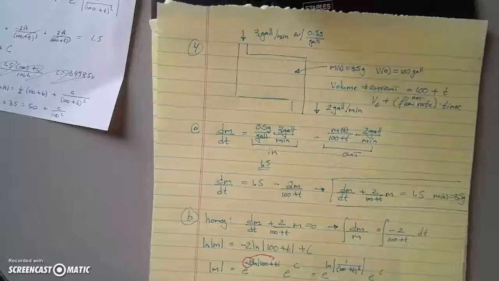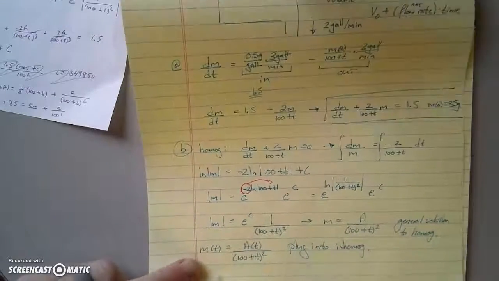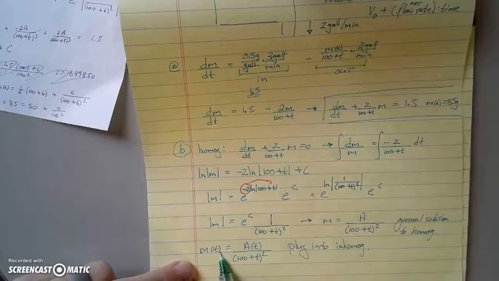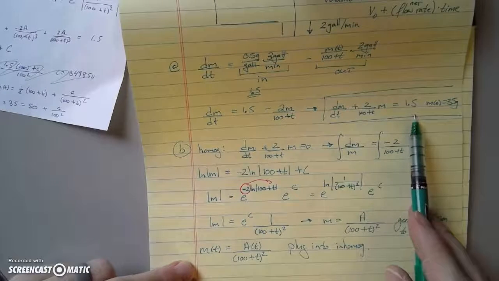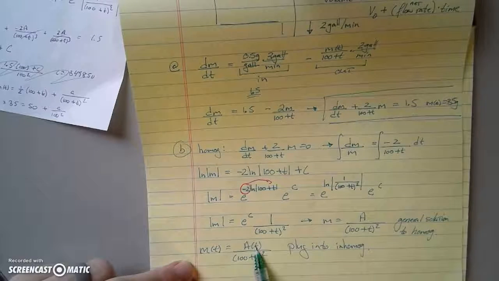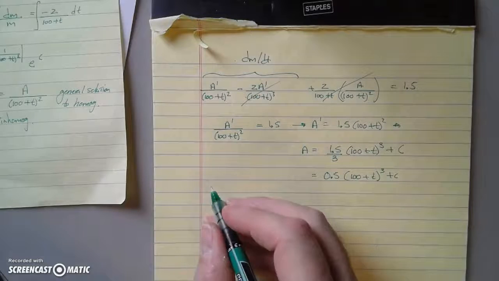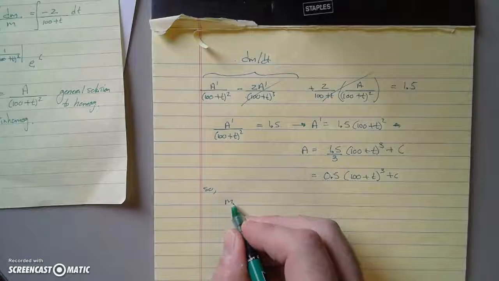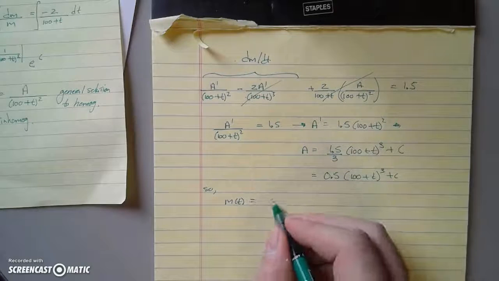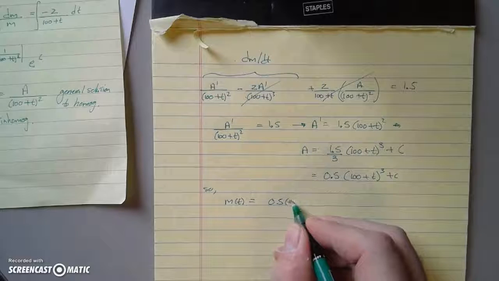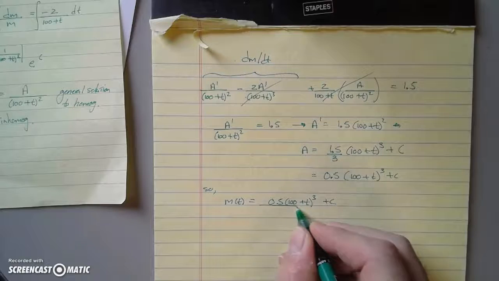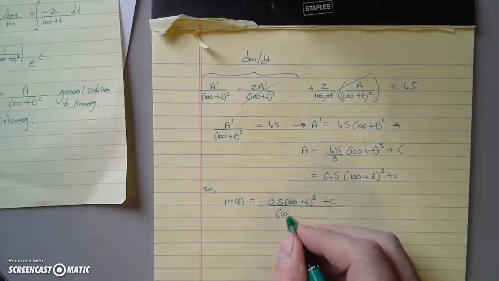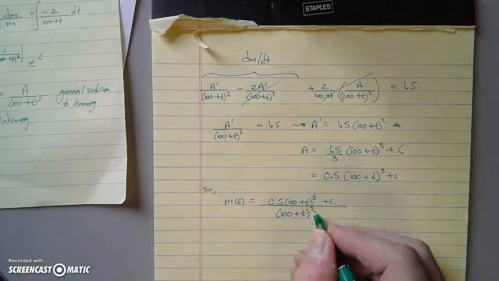Our supposition is that our solution to the inhomogeneous equation is the function a that we just found divided by this stuff. So let's do that. So m of t, let's take this stuff that we just obtained and divide it by this stuff.